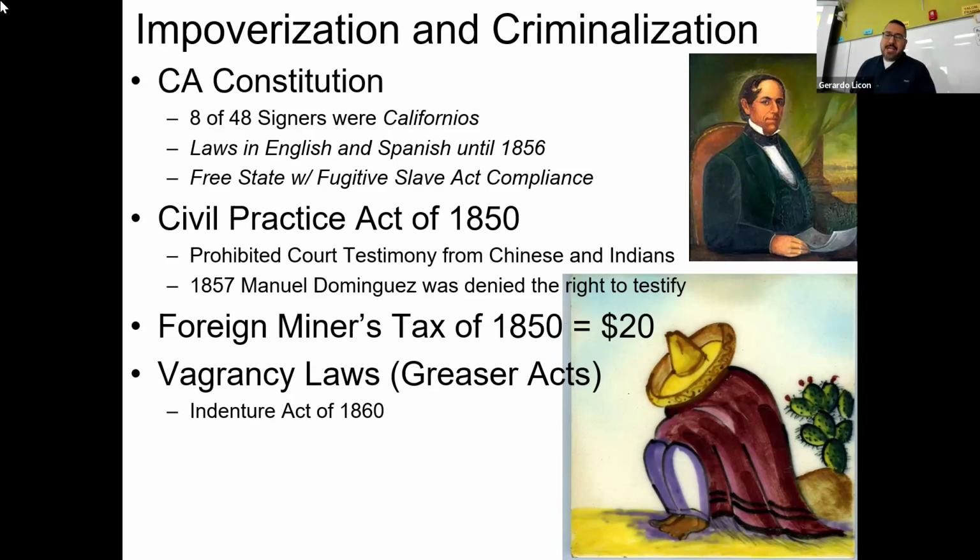But the very same year that California became a state, they passed a foreign miners tax. That means the very year California became a state, people already felt that there were foreigners taking their jobs. 100,000 people went there to strike it rich in gold mining, and they immediately felt like there were too many foreigners in California.